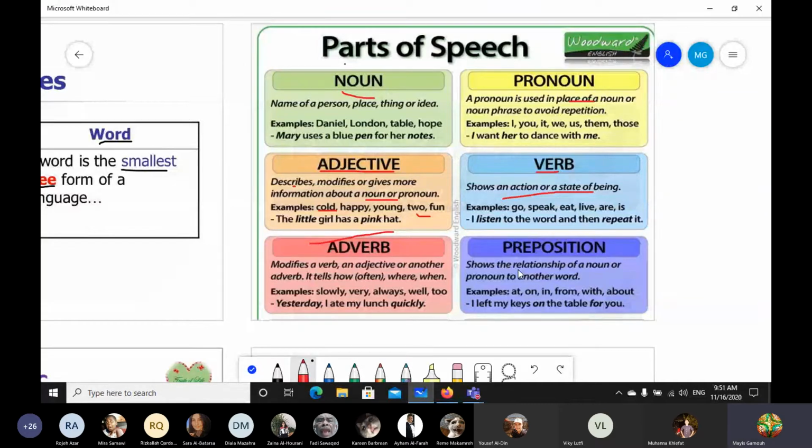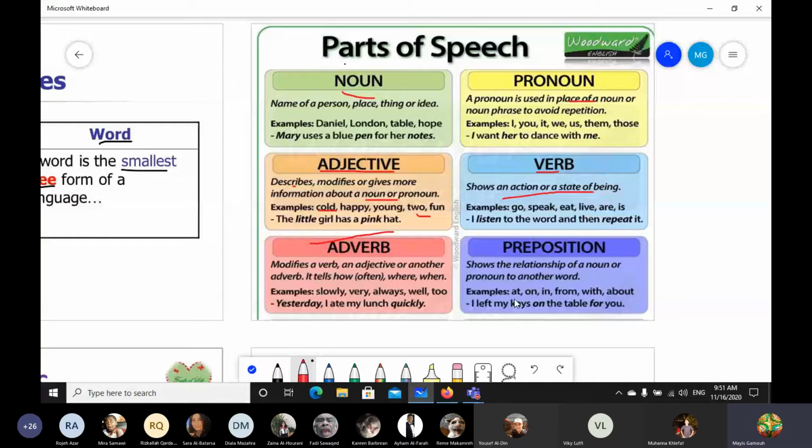Now, let's go to this example and this slide in order to explain more how you make the derivation for your words. Let's start talking about something called affixes. When I say affixes, affixes are a group of letters that are attached either before or after the root of the word.